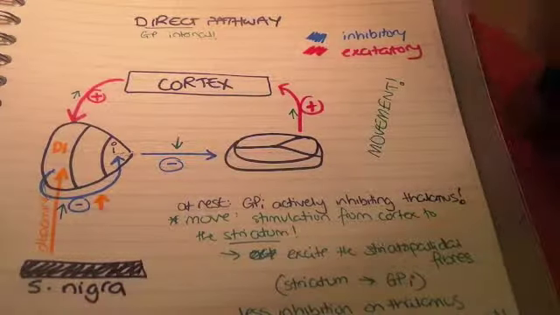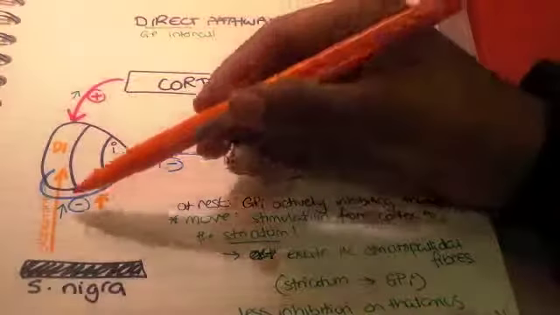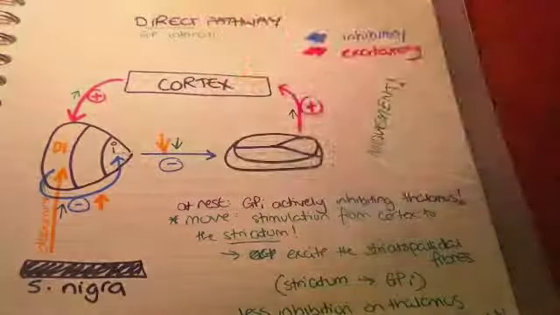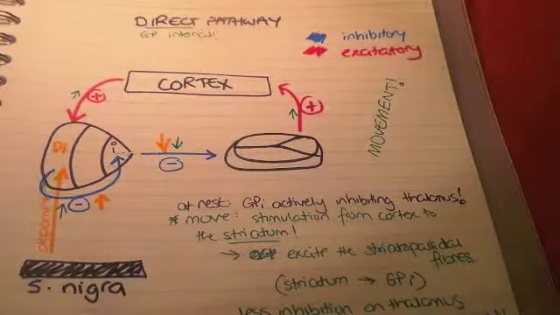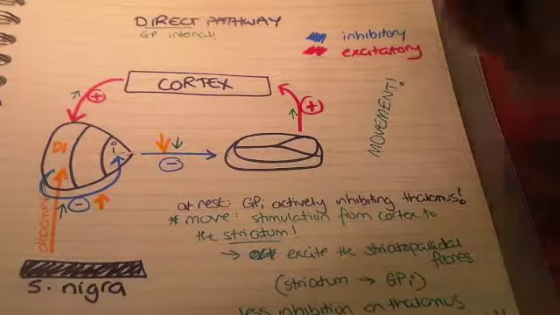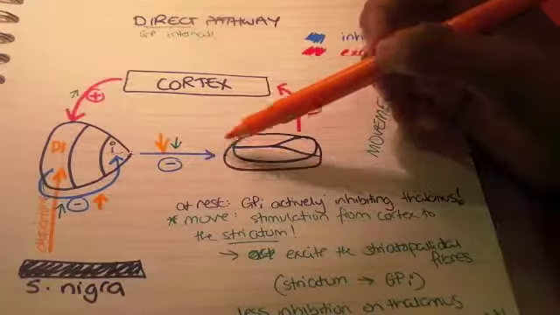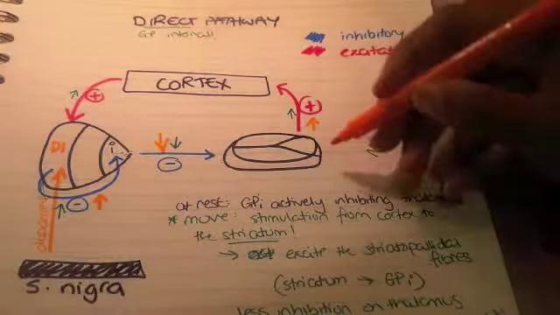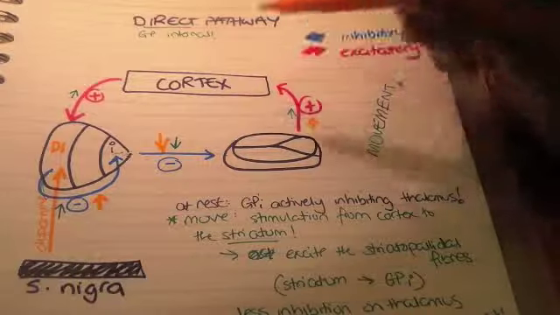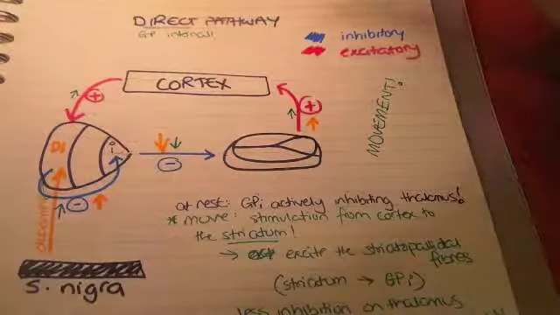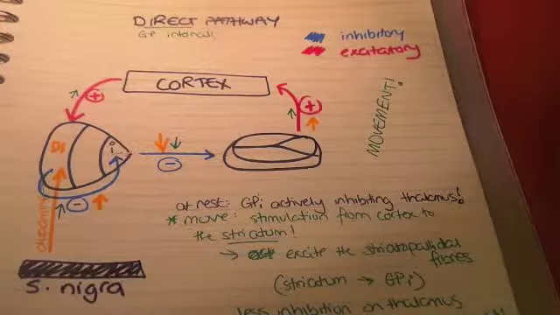It's going to further enhance their output. And when these are enhanced, they exert more inhibition on the fibers that are coming out of the globus pallidus. And then because these are inhibited more, you further facilitate movement because the output of the thalamus is going to increase to the cortex and you have more stimulation. So this is dopamine and the direct pathway facilitating movement.